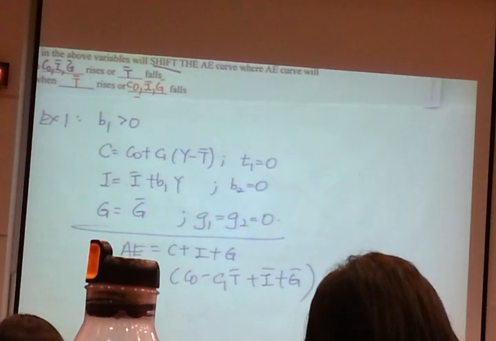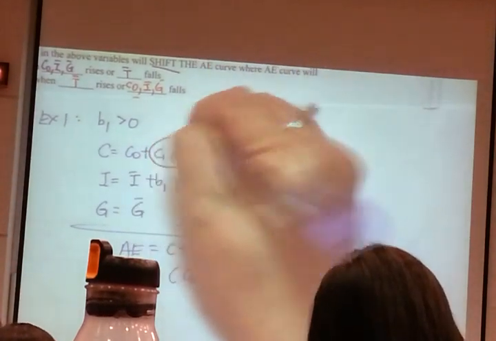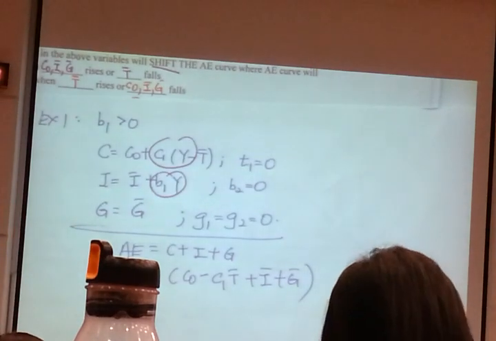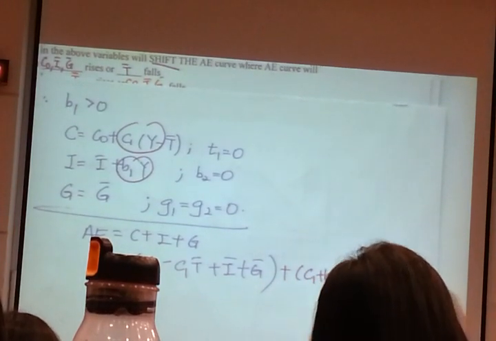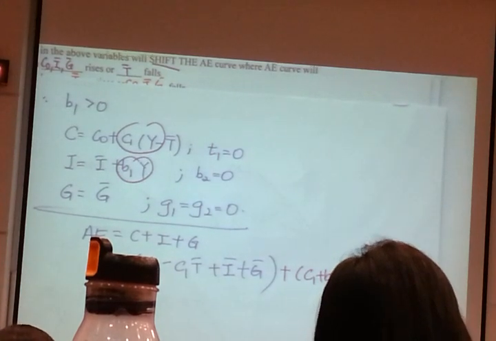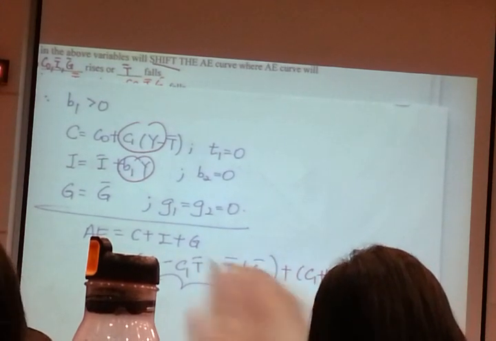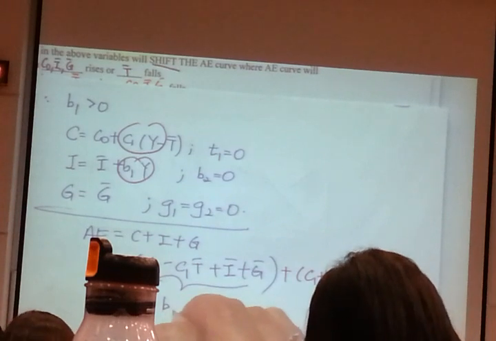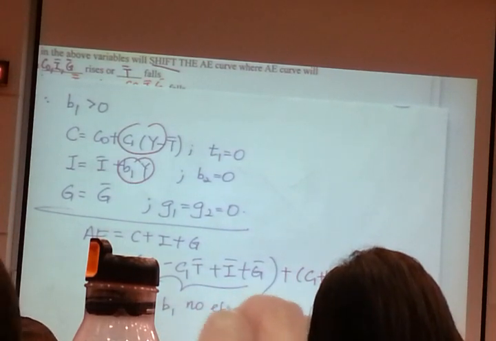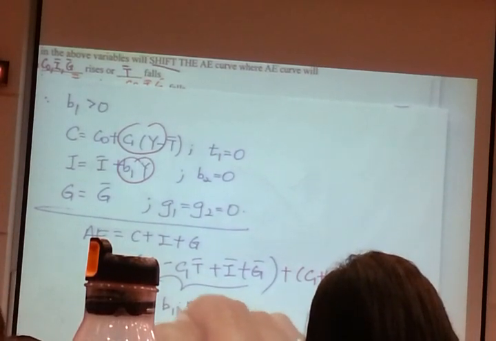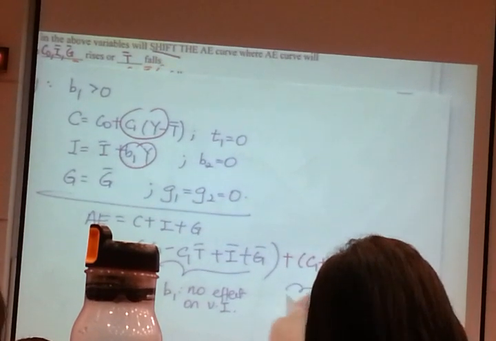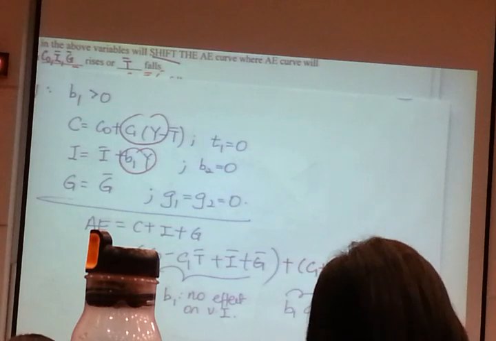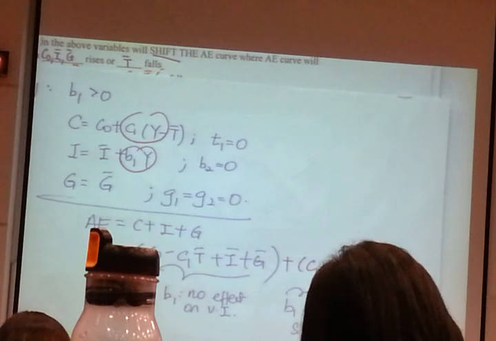Then if you look at your income terms, C1Y and B1Y, that tells you your AE now has a slope of C1 plus B1. So clearly you can see B1 has no effect on the vertical intercept, but B1 affects the slope of AE.